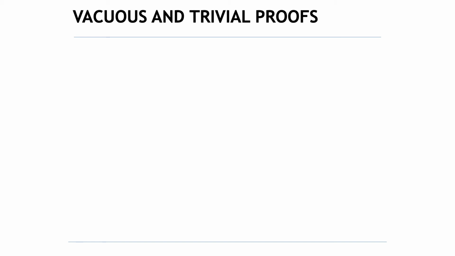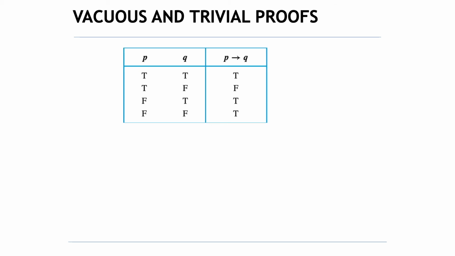So there is another type of proof that is called vacuous and trivial proofs. To understand this type of proof, let's use the truth table of the conditional statement, the one that I mentioned before several times. As you can see, every time that P is false, then P implies Q is true.